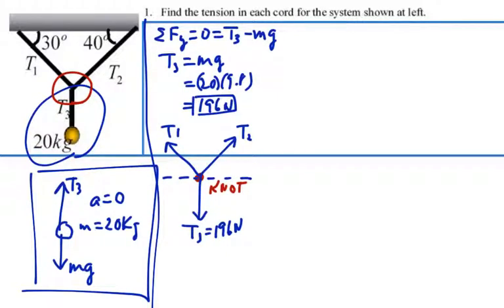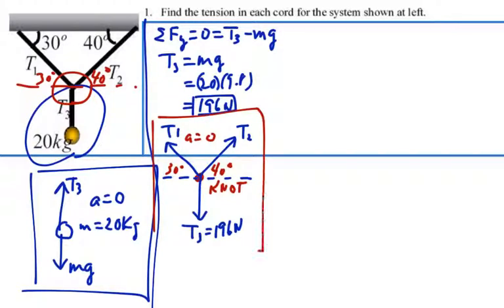And their angles, respectively, have to be 40 degrees here and 30 degrees here because of the equal internal angles. And as a result of all these forces, there is no acceleration. So there's our free body diagram for the knot.